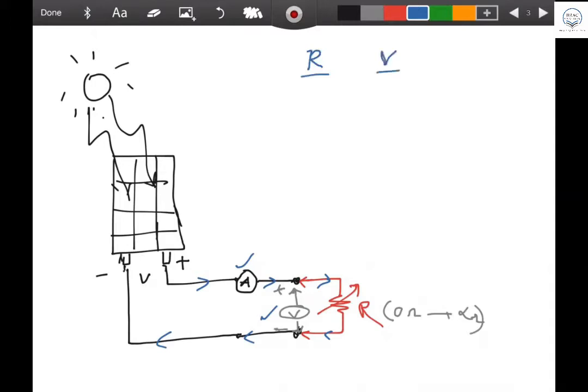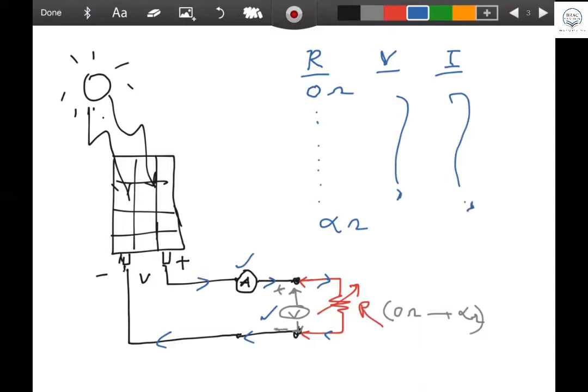The voltmeter gives you the voltage, and the ammeter gives the current. So they have taken the readings. According to the readings, they start from 0 ohm, they go up to infinity ohm, and in between they put different values. And they got the values for the voltage and different values of resistor. So up to this everybody should be clear.